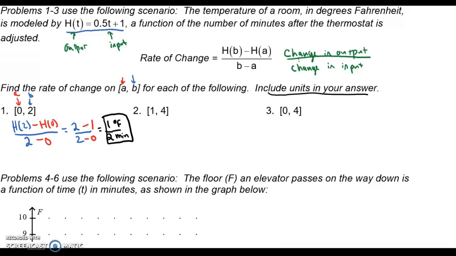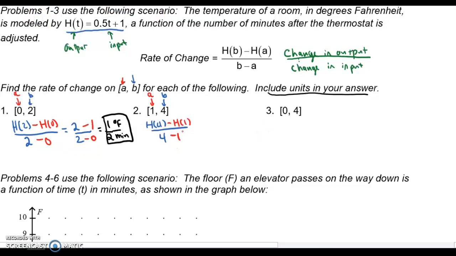If I do the same thing for the interval from 1 to 4, so this being my b value, and this being my a value, I'm going to plug those in. So I'm going to take 4 and plug it in, so h of 4, and then again minus h of 1, and that's divided by 4 minus 1. Right?